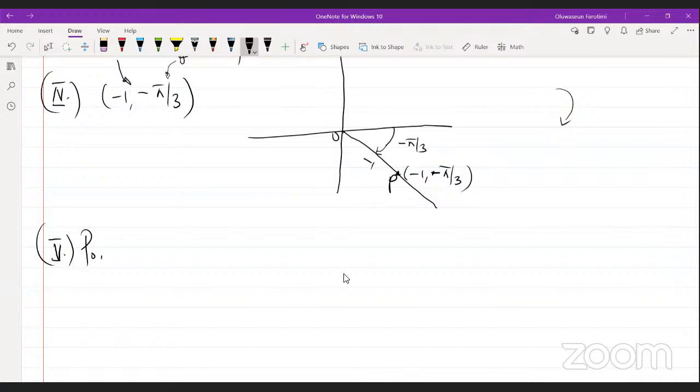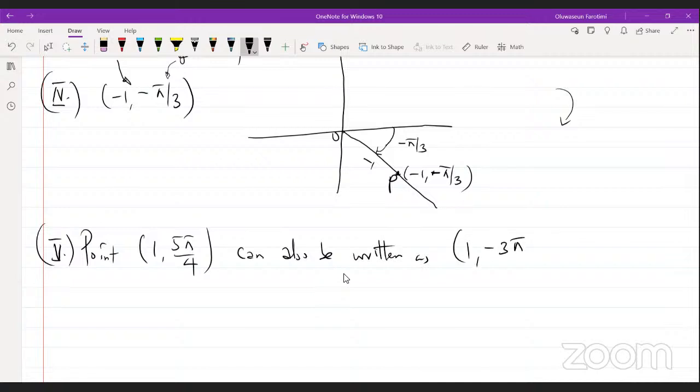Now, 1, 5 pi over 4. Remember we said that the angle is not unique. So we can also write this as 1, negative 3 pi over 4.